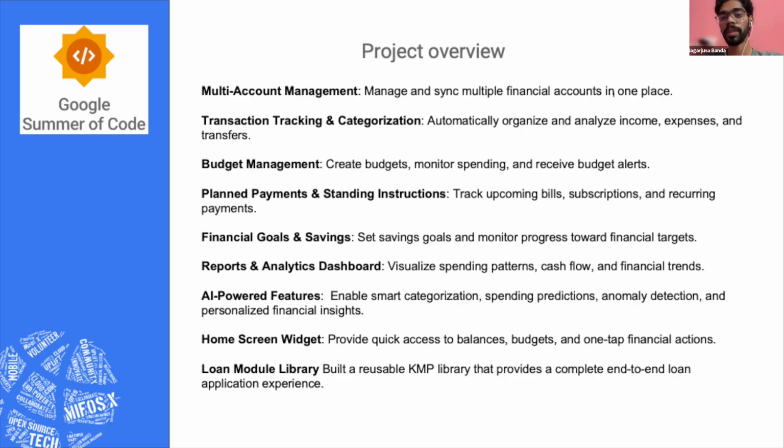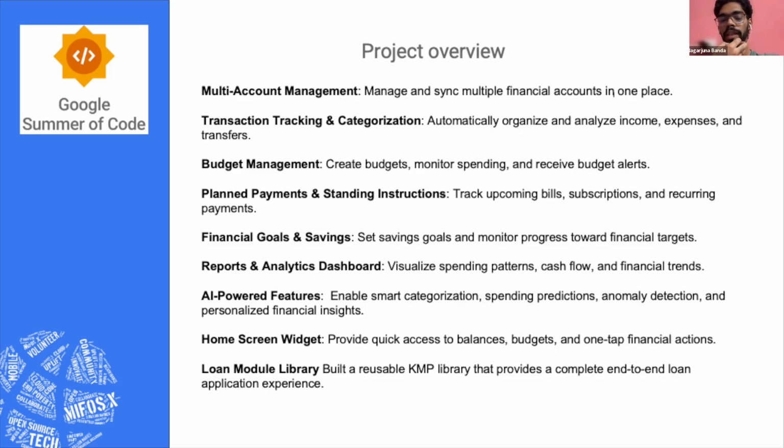Multi-account management, which is managing and seeing multiple financial accounts in one place. Previously, you could only manage one account at a time, so now there is an option to manage multiple accounts. Transaction tracking and categorization, automatically organizing and analyzing income, expenses, and transfers, basically debits and credits.